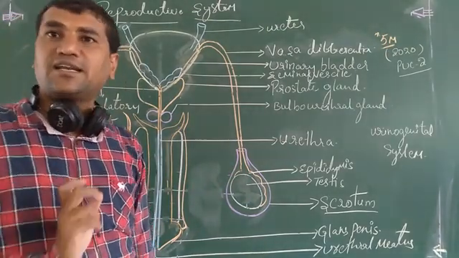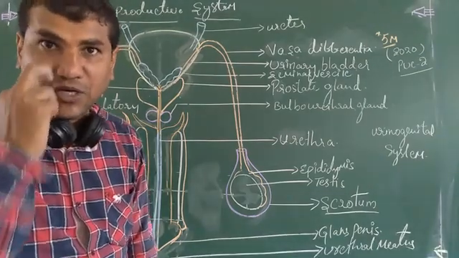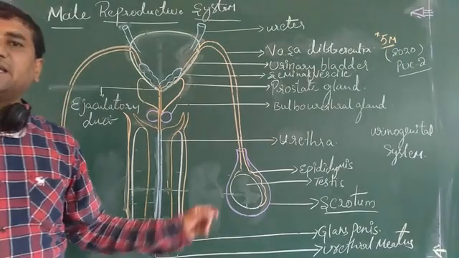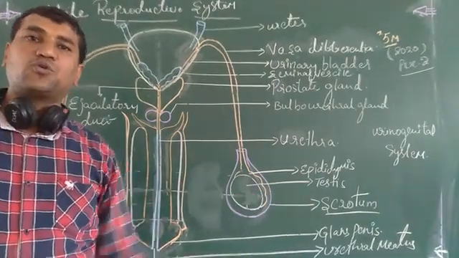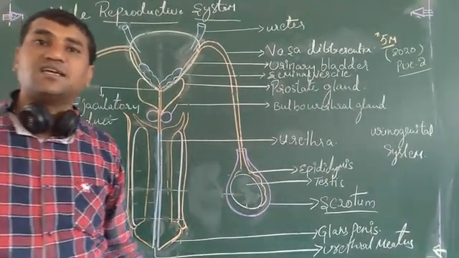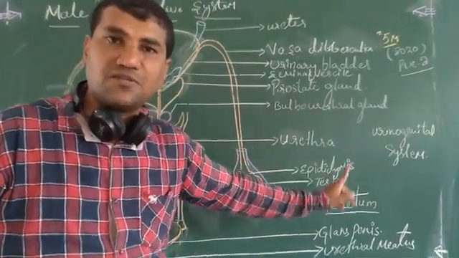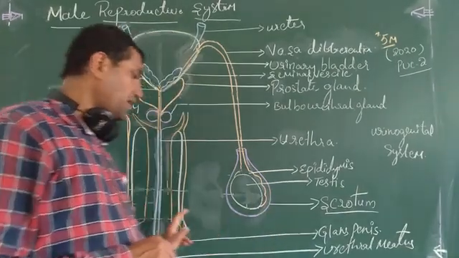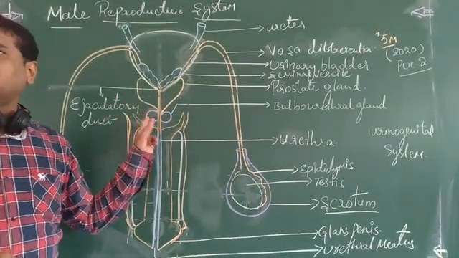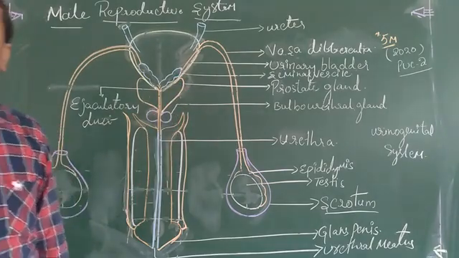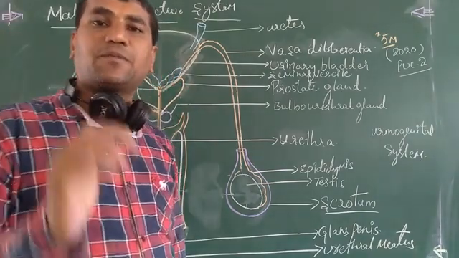Testicular lobules internally consist of seminiferous tubules. Inside the seminiferous tubules we see the spermatogonial cells, which are the mother cells for the production of sperms.